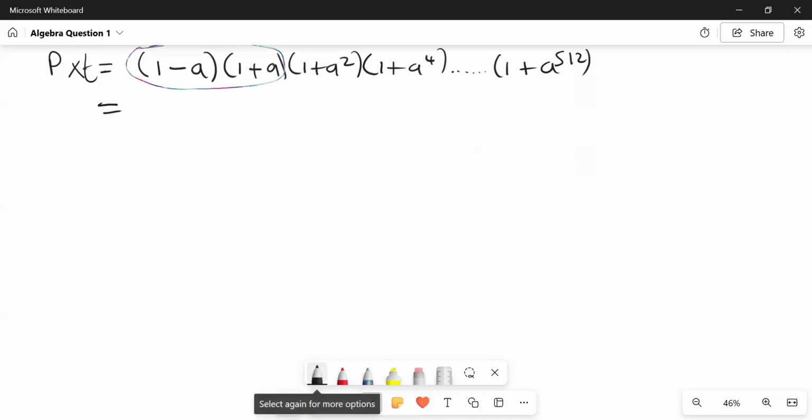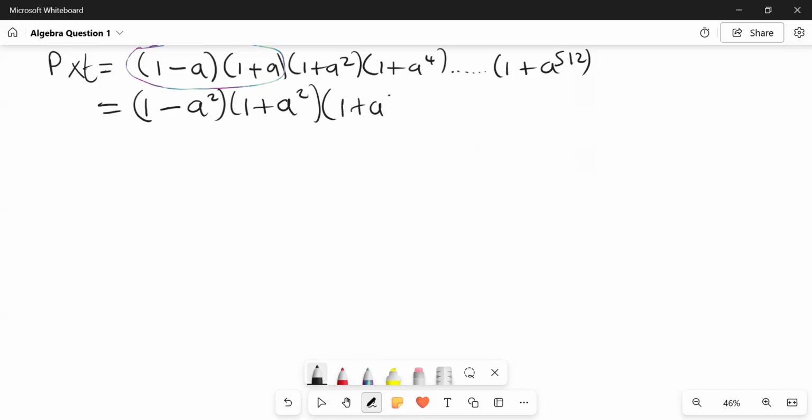1 times 1, that's just 1. Negative a times positive a, that's minus a squared. Drop down 1 plus a squared. And then 1 plus a to the power 4 continues to 1 plus a to the power 512 equals to, again, difference of two squares. 1 times 1, that's just 1.